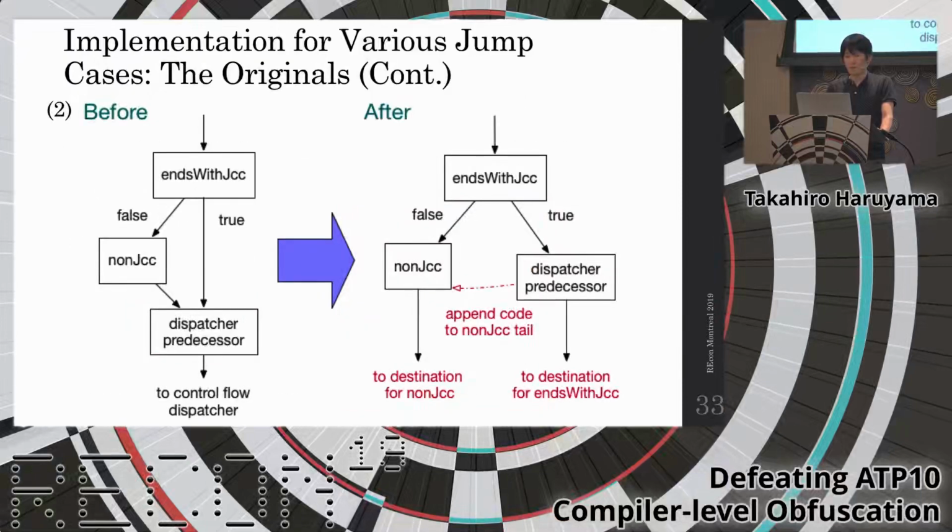For instance, in jump case 2, the block comparison variable is searched in each predecessor block, with JCC and non-JCC, then the destination is changed, while appending the code of the dispatcher predecessor to the non-JCC tail.